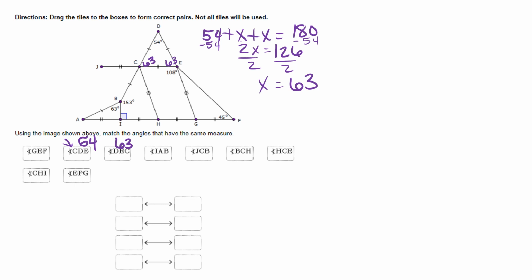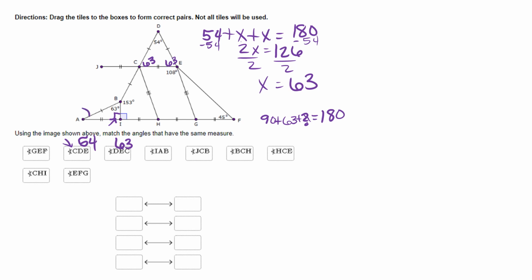Okay, and it tells me that this is 90 right here, because if the right side of that is 90, then this side is 90. And I know that all triangles add up to 180 degrees. So I have 90, I have 63, and I have, let's just make it a question mark.